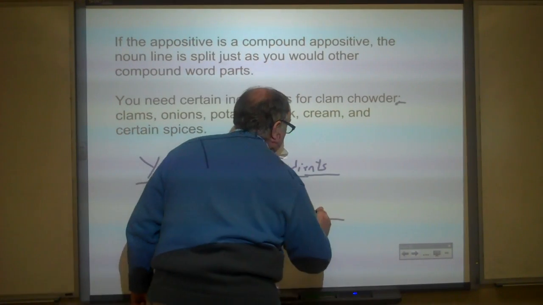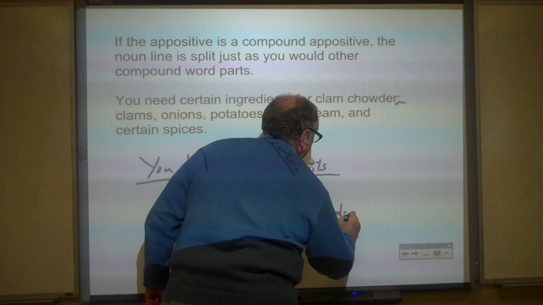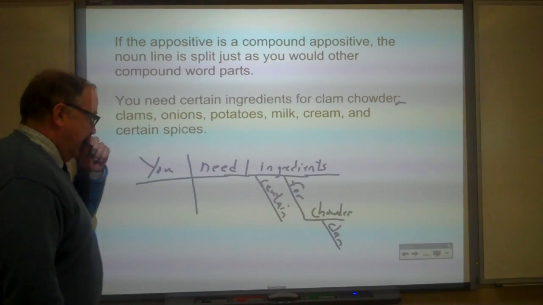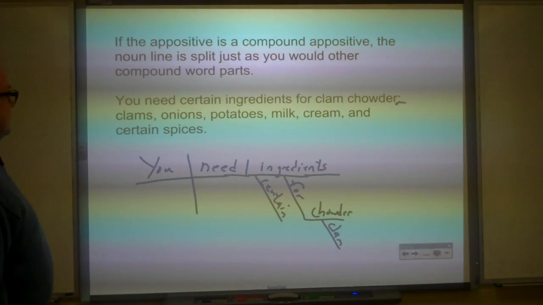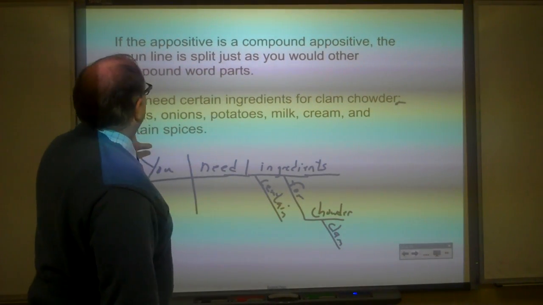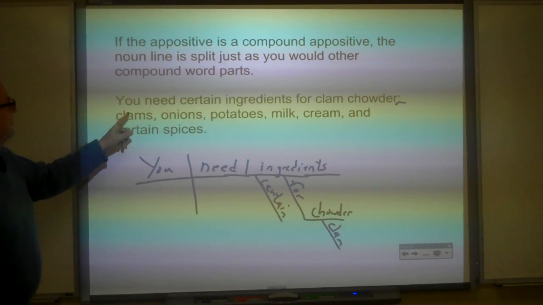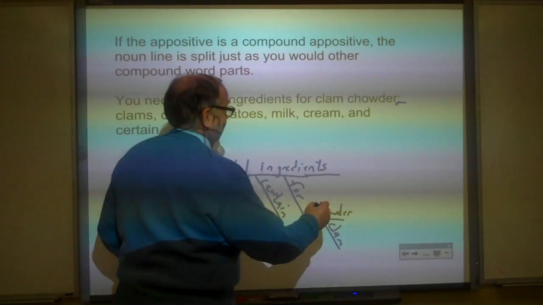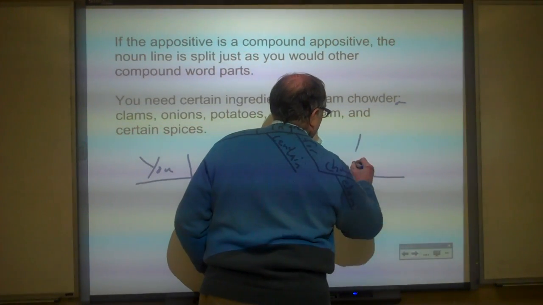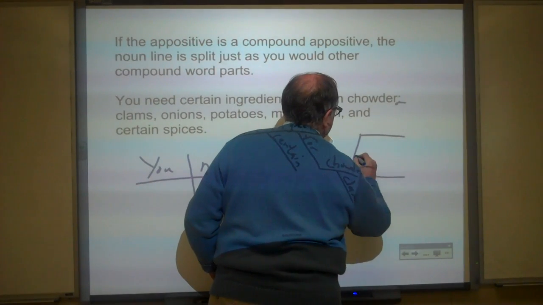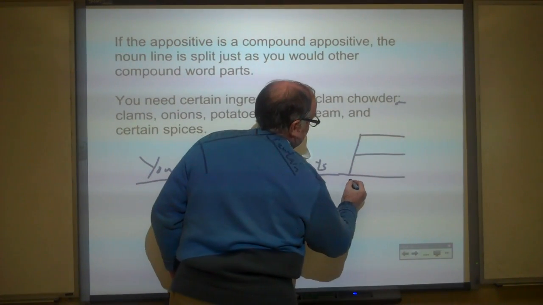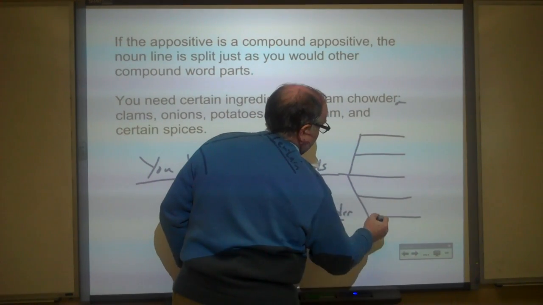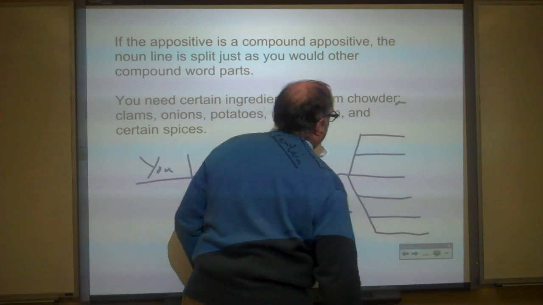So prepositional phrase. For chowder, clam tells us what kind of chowder, so it modifies chowder. And then the appositive, in this case it's 1, 2, 3, 4, 5, 6, a compound appositive. So we split the line into 6.